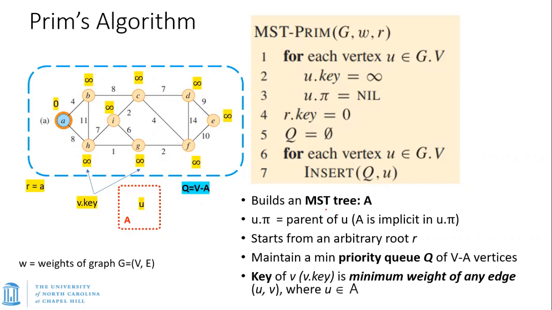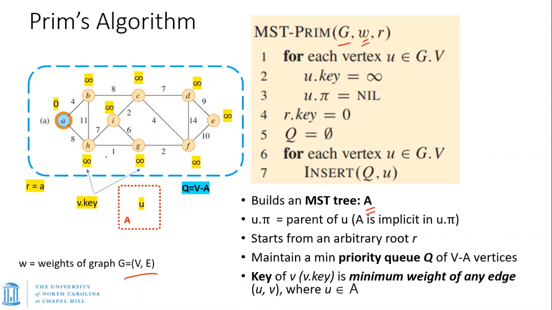So you're going to build a minimum spanning tree, and we'll call that A. Let's assume that we have this graph G, and it has a set of weights W, and the minimum spanning tree is going to start off at one particular root. So we're going to select a particular root, and we're going to apply the MST on that root.